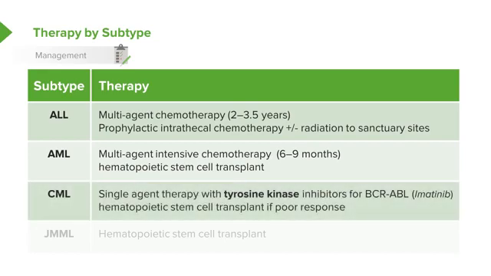For CML, we're going to give single-agent therapy with tyrosine kinase inhibitors for the BCR-ABL gene and a hematopoietic stem cell transplant for a poor response. And for JMML, these patients often require a bone marrow transplant.